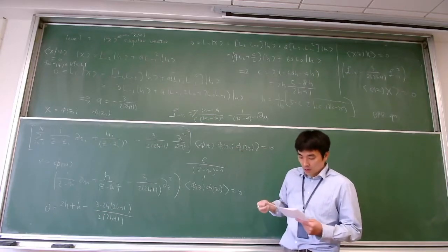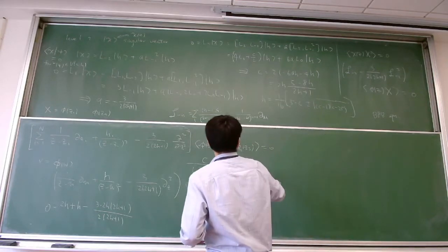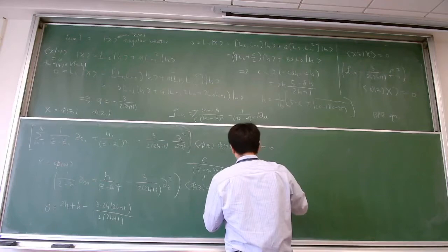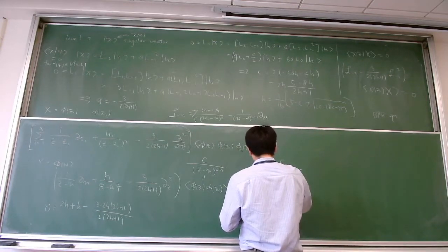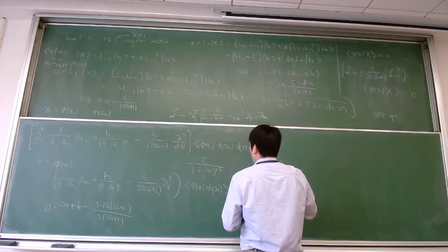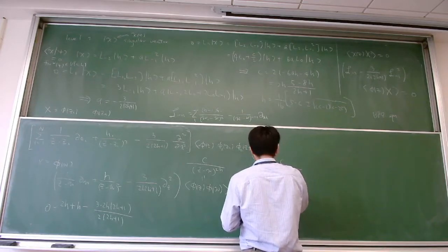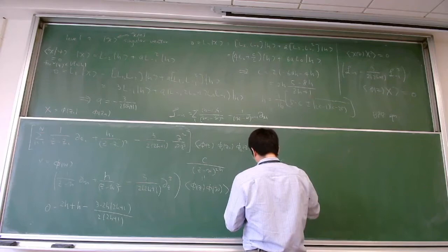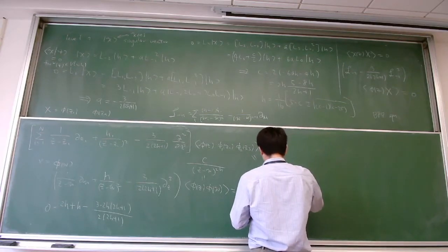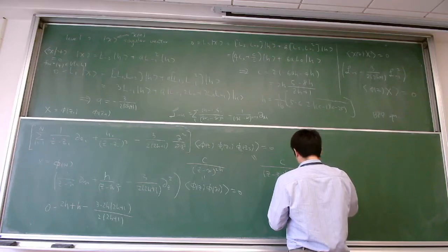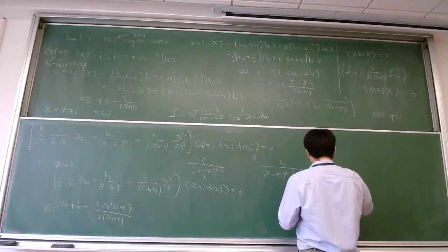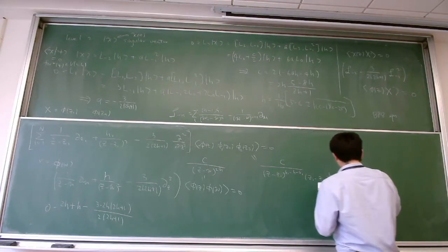By conformal invariance, we know that it is some constant times (z minus z1) to the h2 minus h minus h1, times (z1 minus z2) to the h minus h1 minus h2, times (z minus z2).